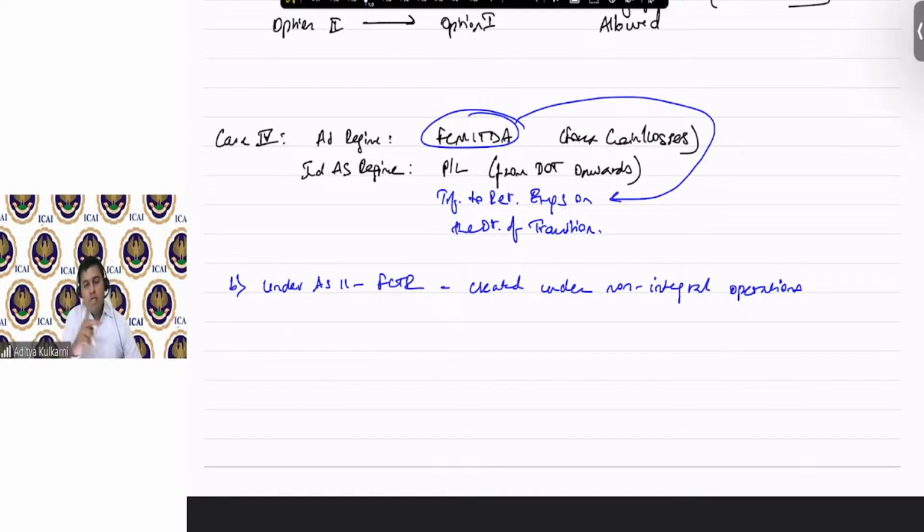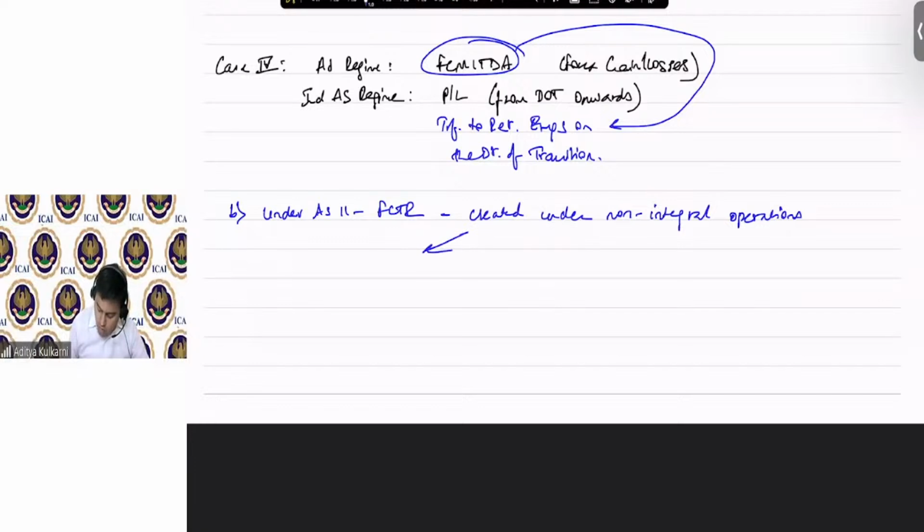First option, you restate the FCTR based on the functional currency principles. That means whether it is integral or non-integral, you leave all that aside, take it as FCTR and restate the entire FCTR. Or second option, you make the FCTR 0 and take it to the retained earnings. No previous GAAP carrying amount is allowed.